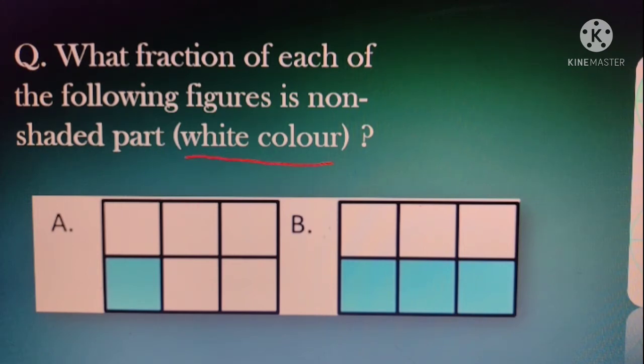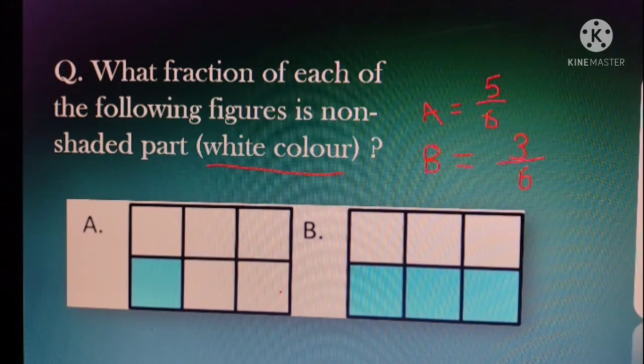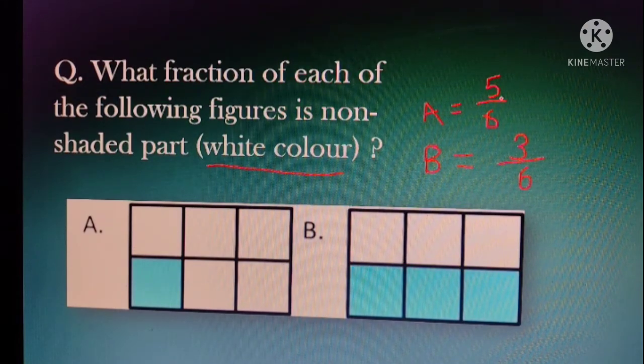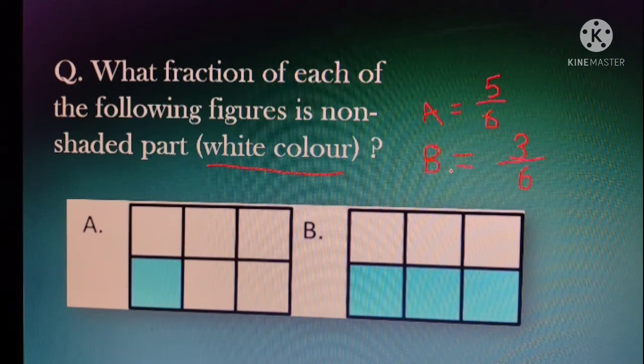First of all, here in number A, the figure is divided into 6 equal parts. So the denominator is 6. 5 parts are non-shaded. So 5 is the numerator. Same thing in number B, into 6 parts the figure is divided.